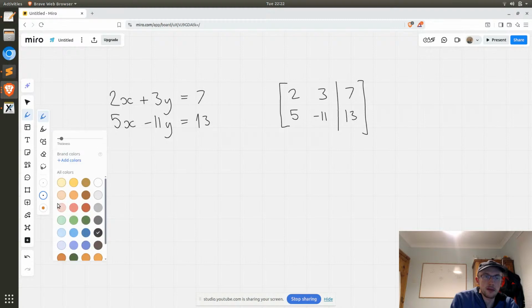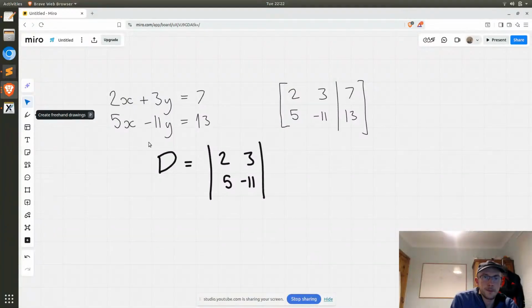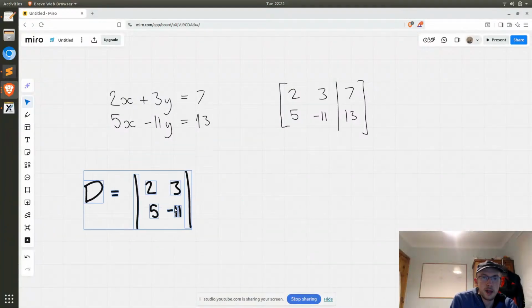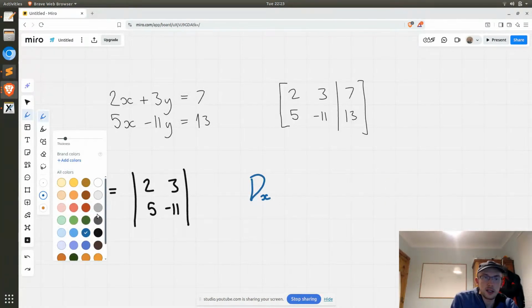So there's three things at play here. There's just big D, which is the determinant of this matrix right here, 2, 3, 5, -11. Then there's dx and dy. So d with a little x and d, I'll do it in red, d with a little y.